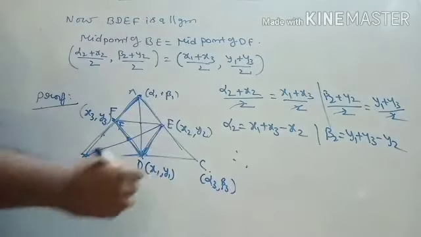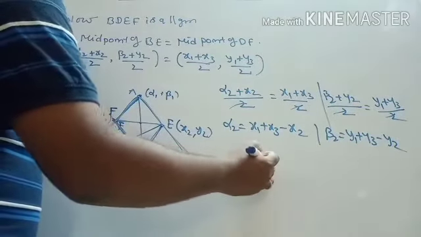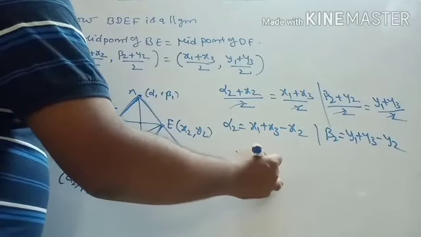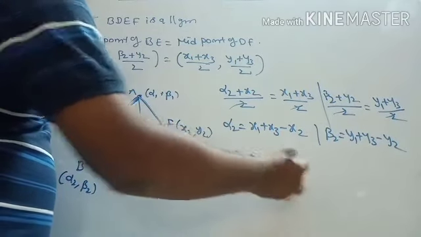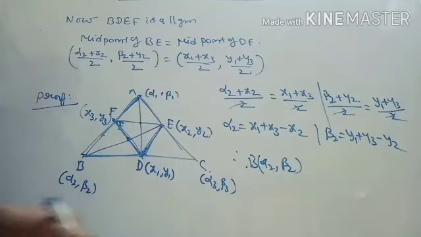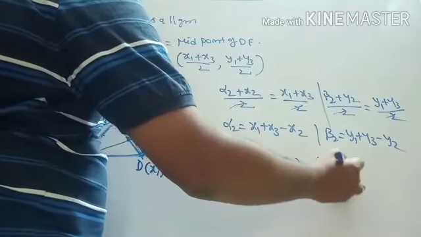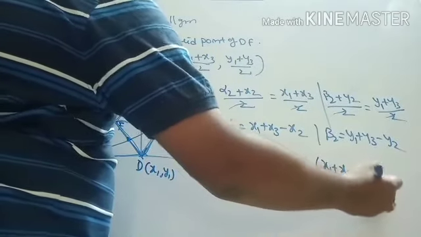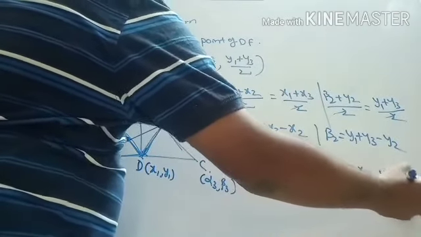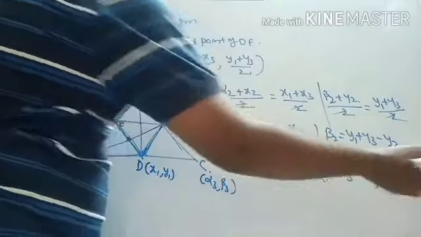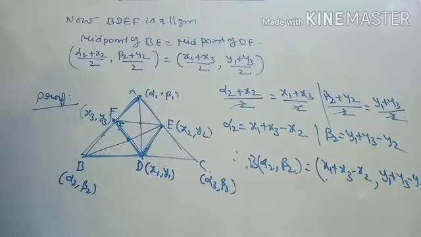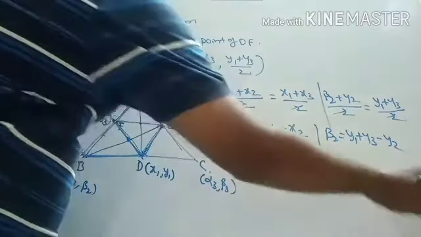Therefore, the vertex B, alpha 2 comma beta 2, is x1 plus x3 minus x2 comma y1 plus y3 minus y2. In that beautiful way we have got this.